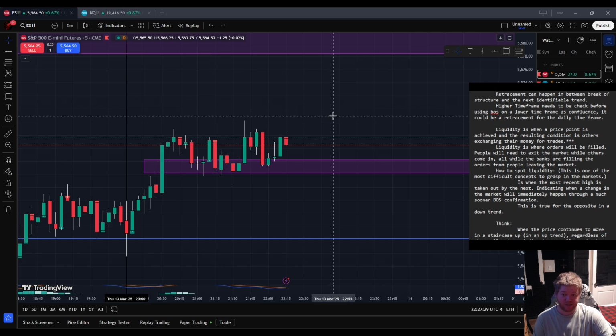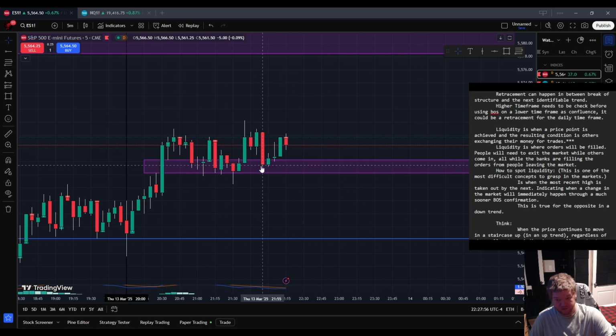As quickly as I said that, so a much sooner break of structure confirmation. Break of structure is confirmation and continuation. Liquidity sweep is a sign of reversal, though. This is a sign that price is going to move back down into this fair value gap, which it did.